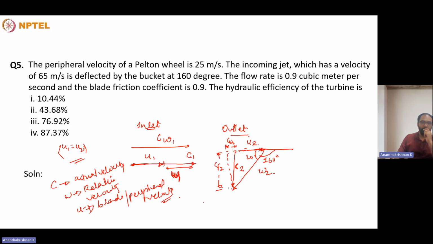So in this particular problem, the jet velocity at the inlet is given as 65. So C1 is equal to C omega 1, which is C theta 1.